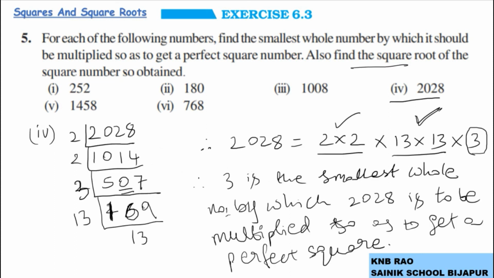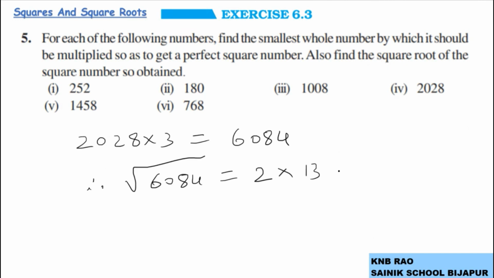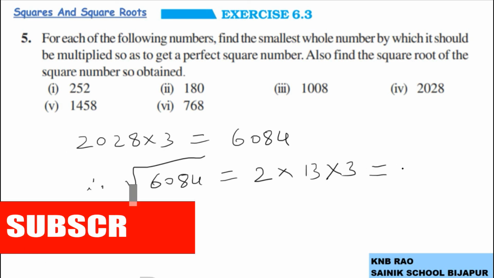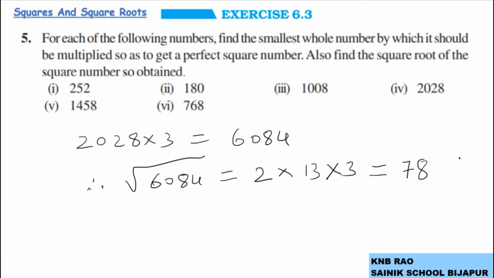Next we have 1, 3 because we made that 3 into pairs, and the product of these is 13. 13 6s are 78. So the square root of 6084 is 78.